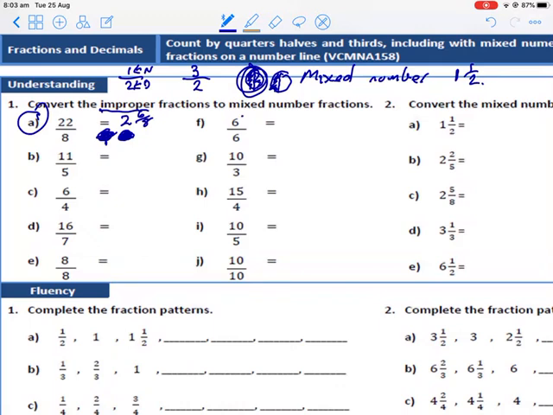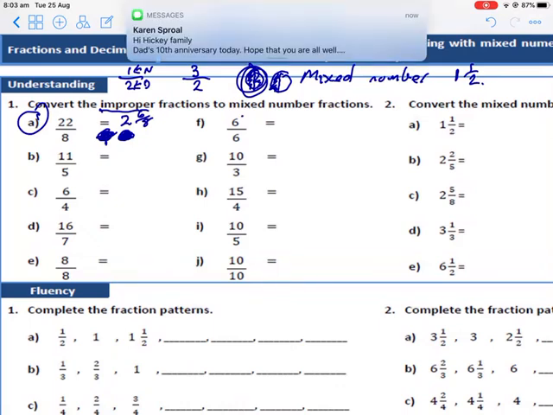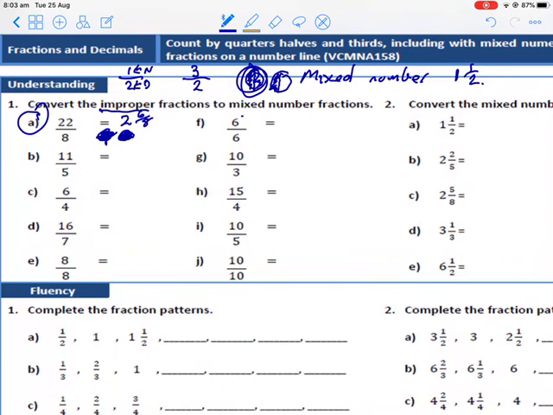Now the big one, I'm going to go B, 11/5.